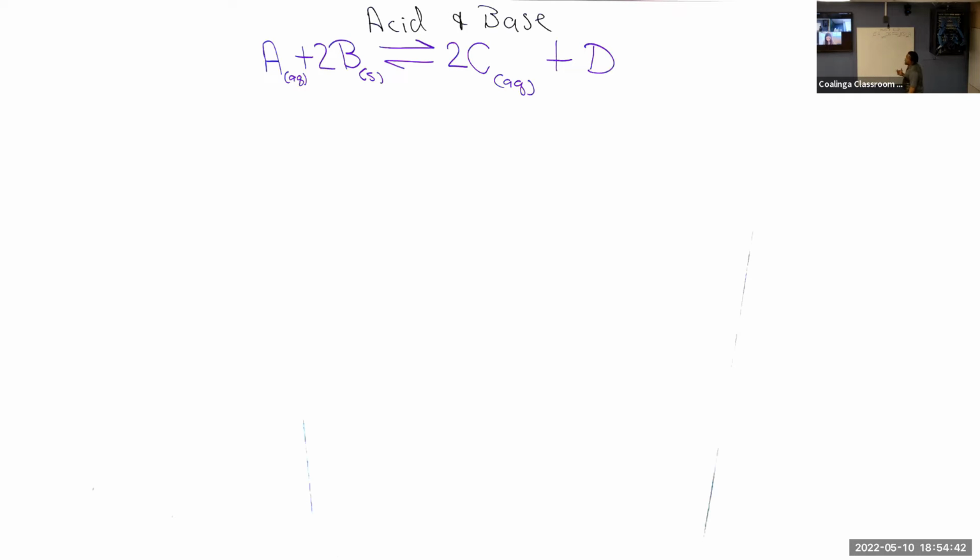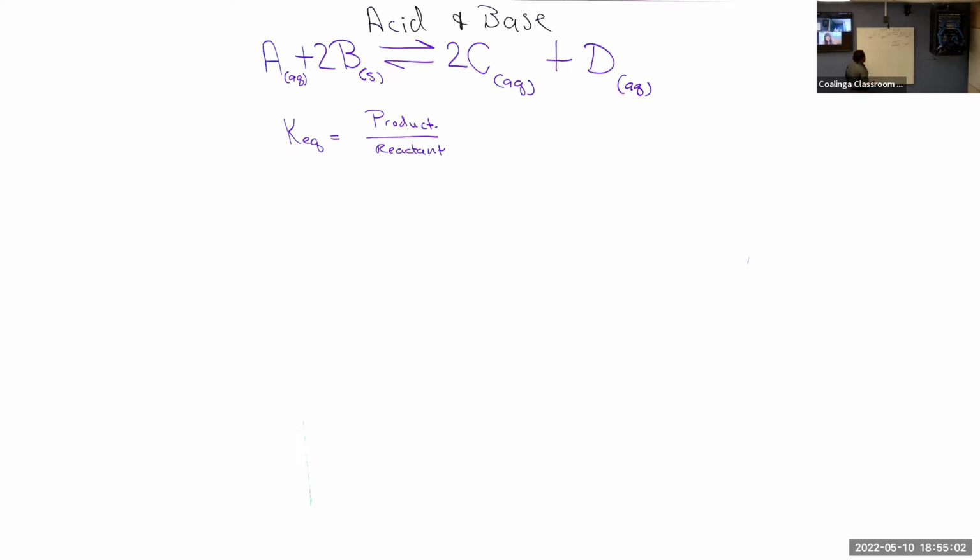When we define the equilibrium constant in this case, it's always going to be products over reactants. And we call it Keq for equilibrium.